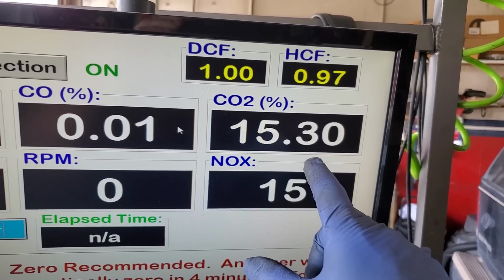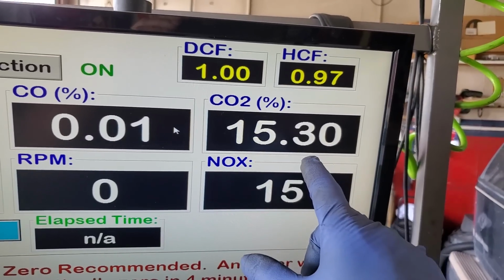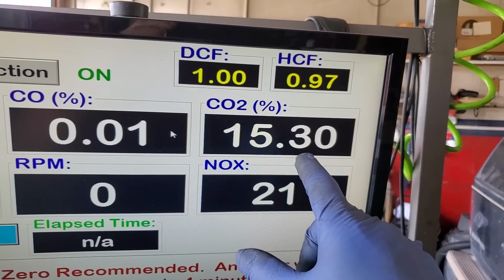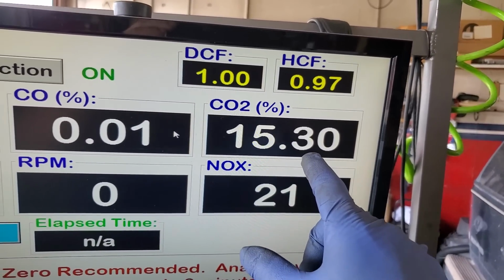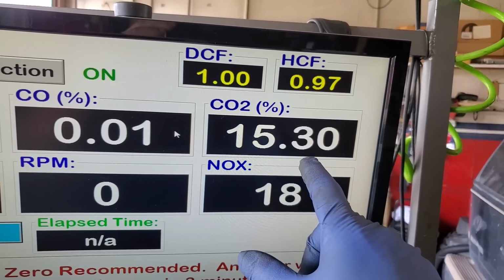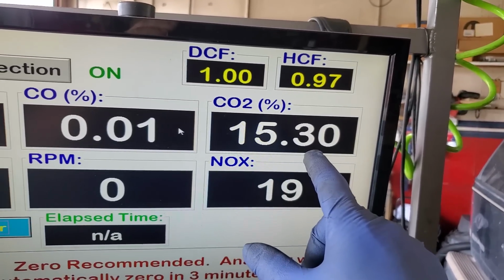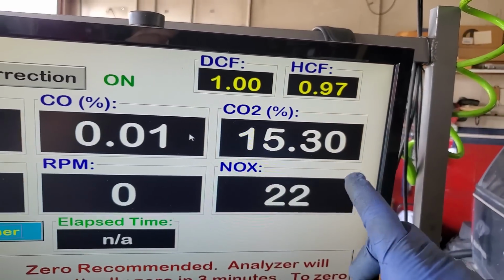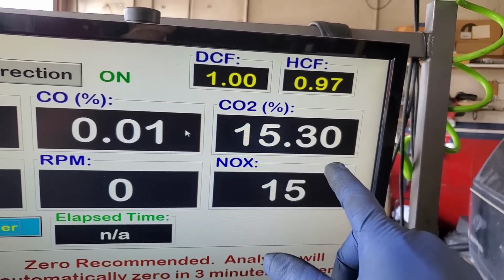Well, to burn that 6 pounds of gasoline, you're dumping in 14.7 pounds of air for every pound of gasoline, of which 21% is oxygen.